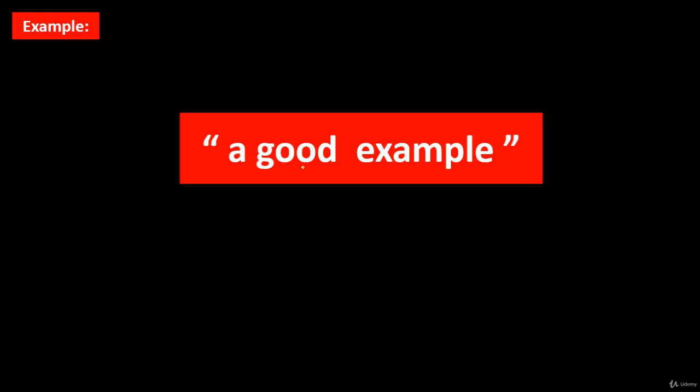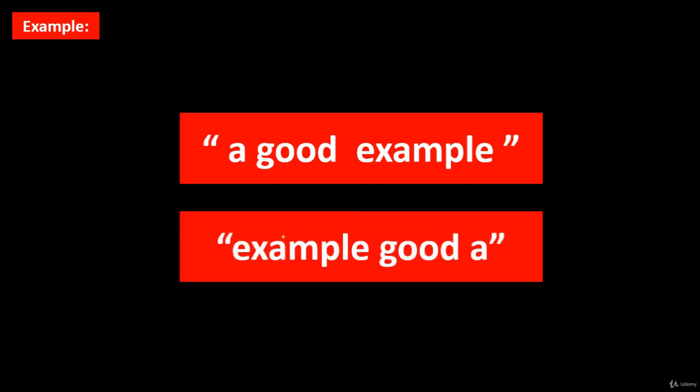So if we reverse the words of this string, we get this string. Example goes here, good goes here, and a goes here. And we see that there is no outer space for this string, and in between these two words example and good we have only one space.